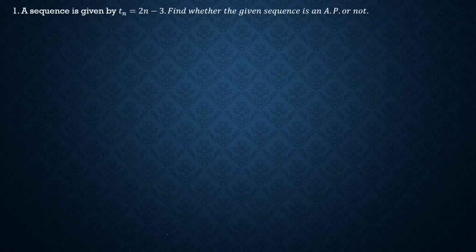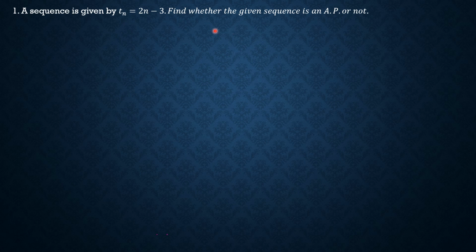Let me clear this through an example. Question number 1. A sequence is given by tn equal to 2n minus 3. Find whether the given sequence is an AP or not. We have learned a sequence is said to be an AP if the difference between two consecutive terms is same throughout. Isn't that?